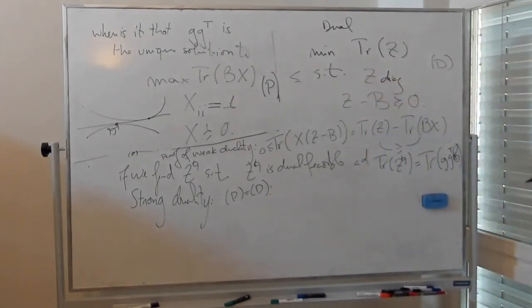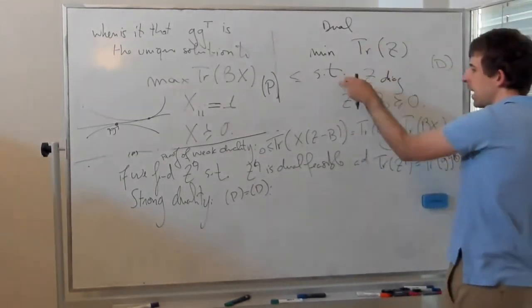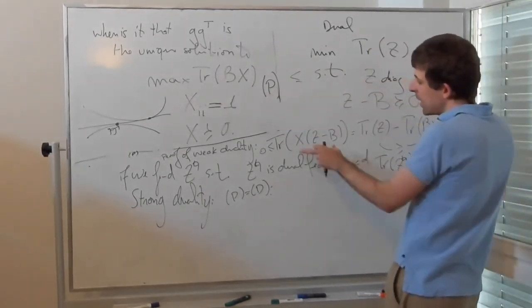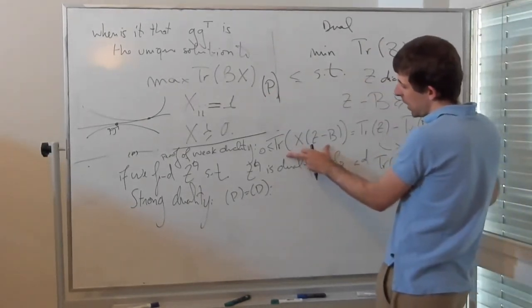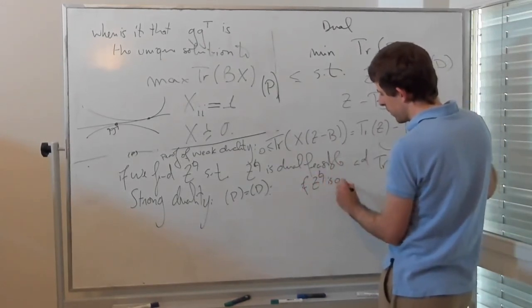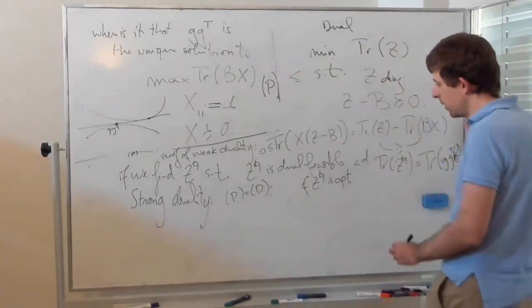Okay, so we do the following. So we know that if indeed Z natural is to be an optimal solution here, and GG transpose here, it must be that when I replace, right, so if Z natural is optimal, because if it matches, then it also itself needs to be optimal.